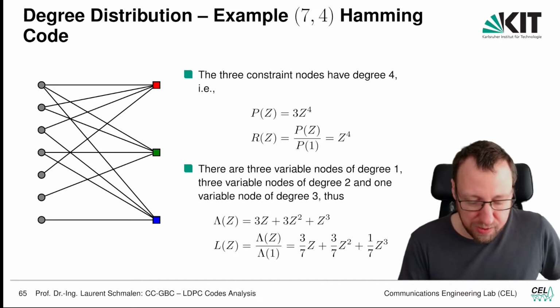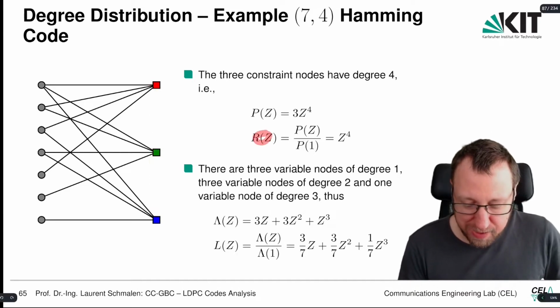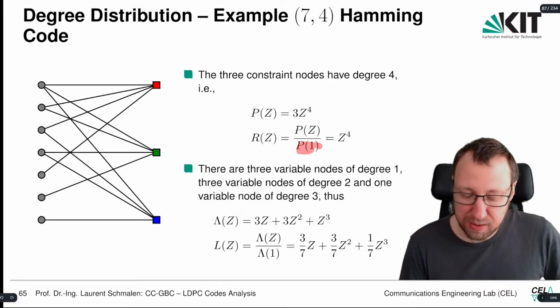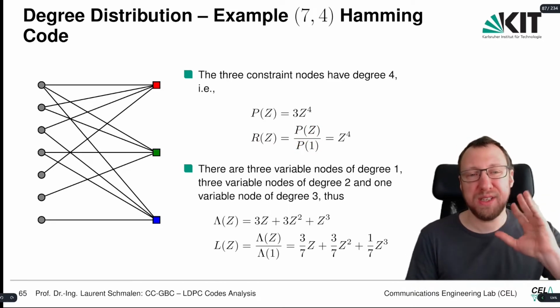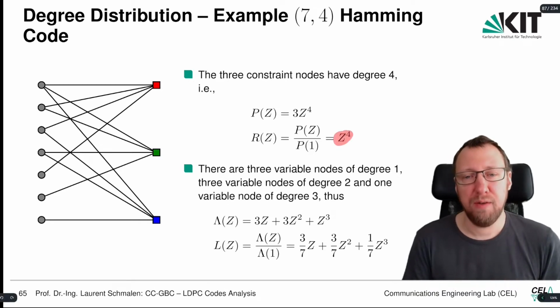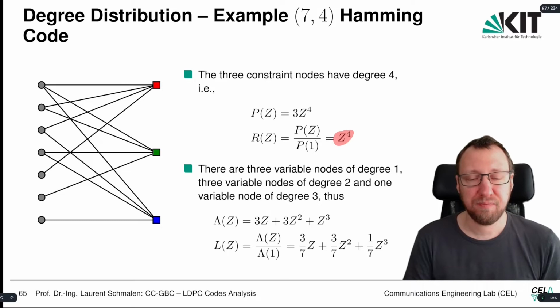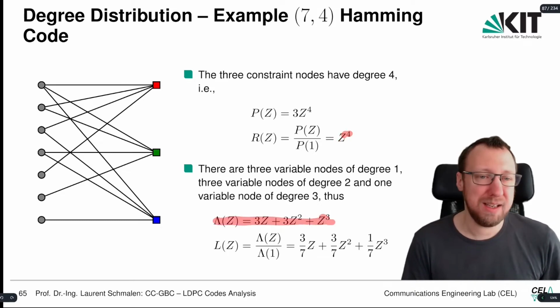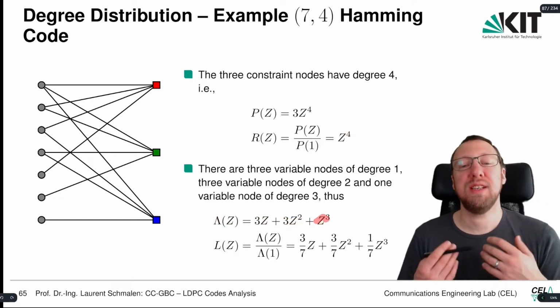So we have 3 check nodes of degree 4. So R of Z is 3 divided by the number of check nodes. So it's essentially all 100% of the check nodes of degree 4, so Z to the power 4 is R of Z. Starting from lambda of Z, we normalize by the number of variable nodes, which is 7.